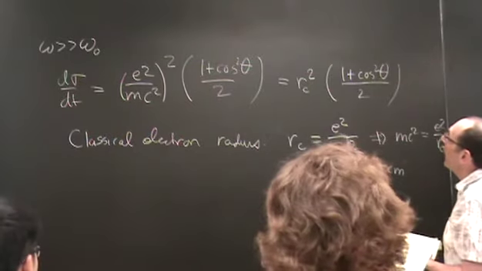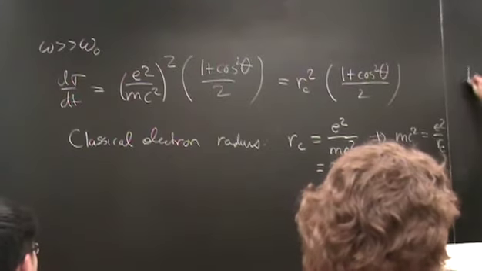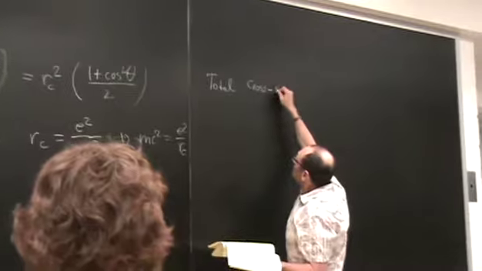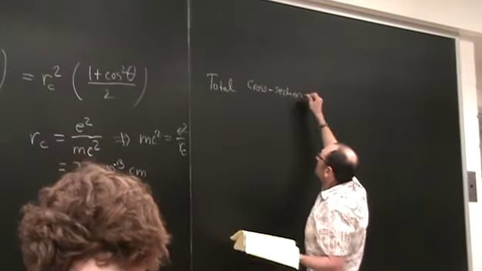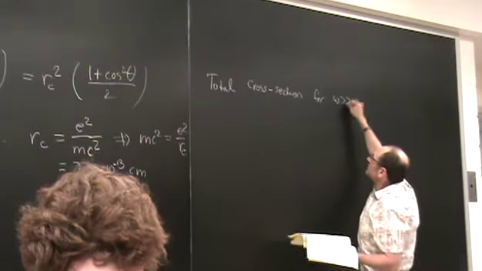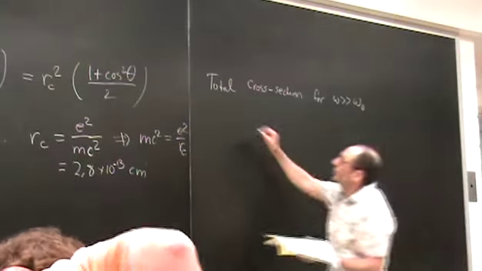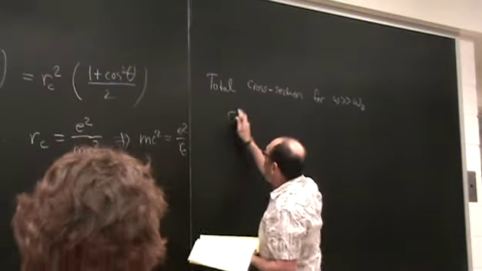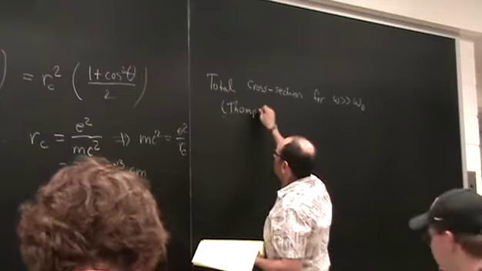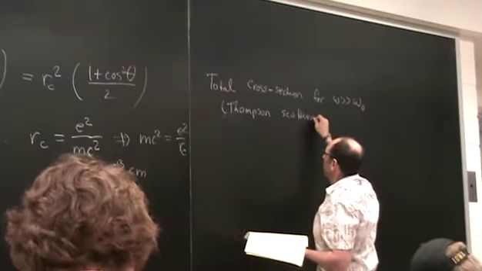So now we can ask, what is the total cross-section? That's called the Thomson scattering cross-section.